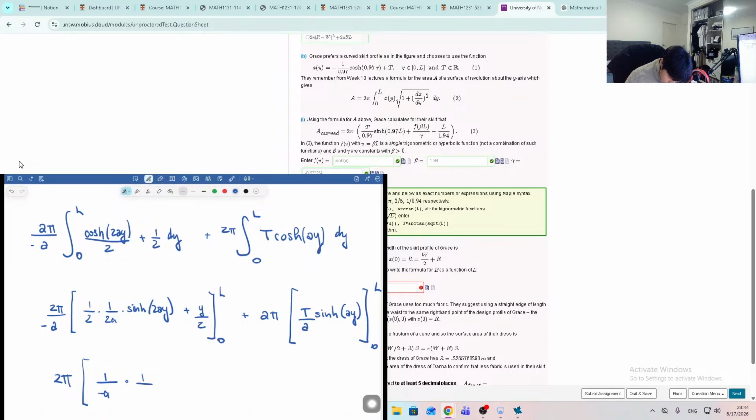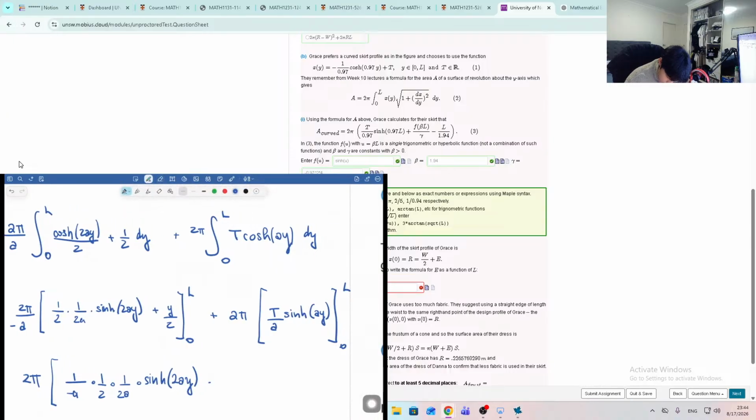Minus a at least, times a half times 1 over 2a times sine 2a, plus minus y on 2a, plus 2 pi.